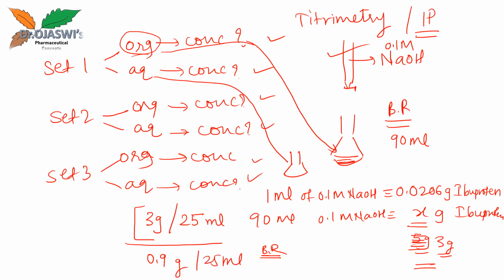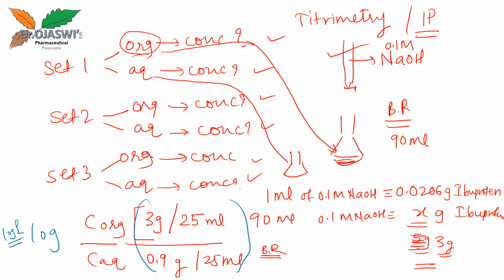So this is the ratio of ibuprofen in the organic layer and aqueous layer. Now I will just take the logarithm of this, and that is nothing but the log P value of ibuprofen.